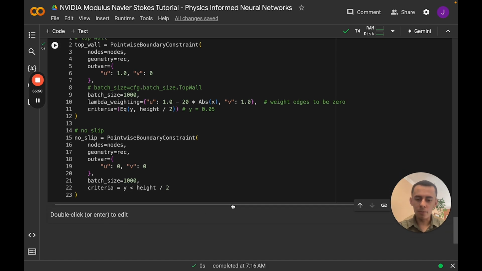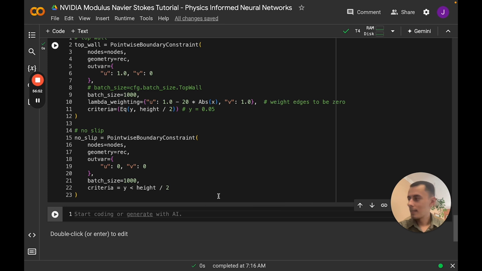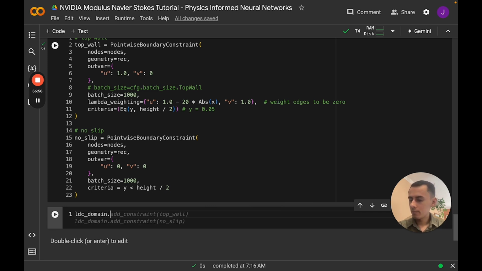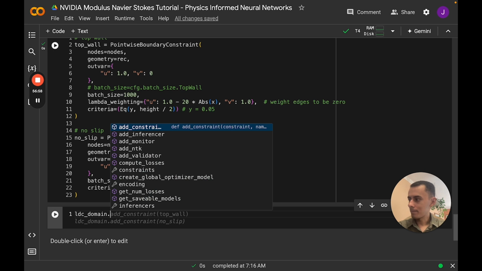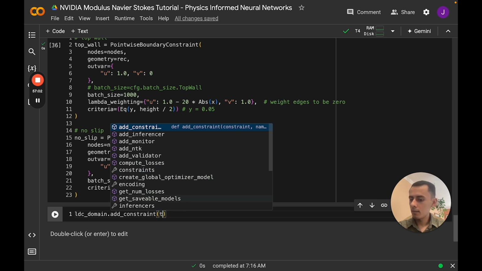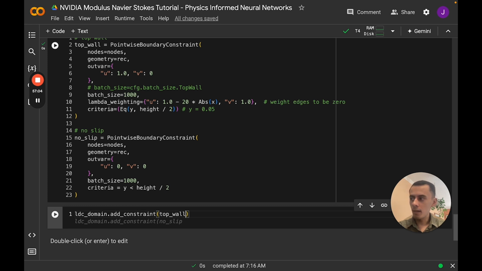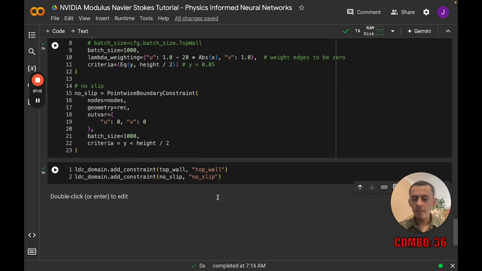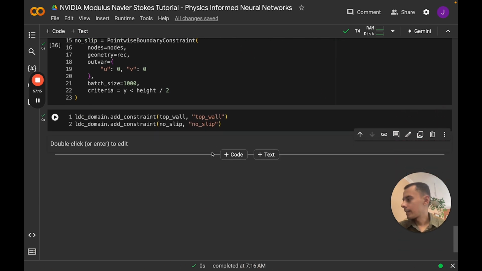Are we done yet? No, obviously not. The important bit is to add these constraints to the domain. Add constraint, top wall, it takes the name top wall, and no slip. Okay? There you go.